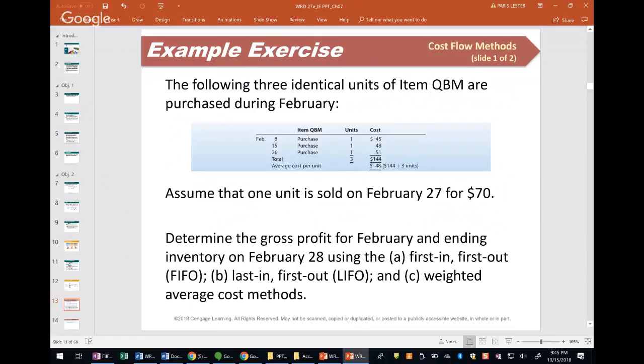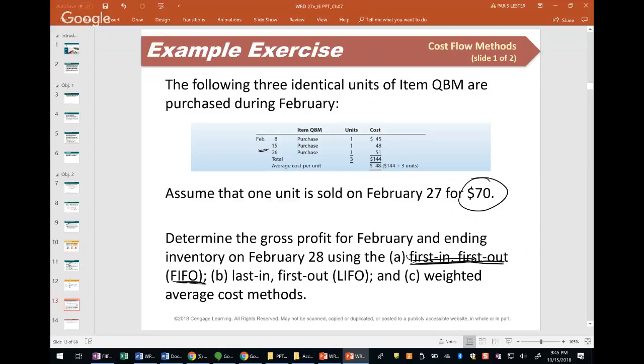Assume that 1 unit is sold on February the 27th for $70. And February the 27th is probably right in between here, isn't it? Determine the gross profit for February and ending inventory using first in, first out.